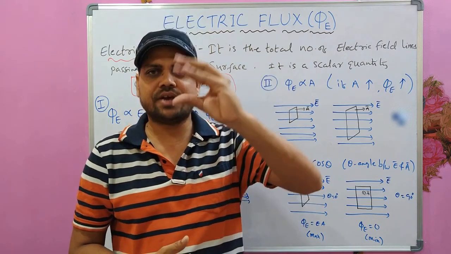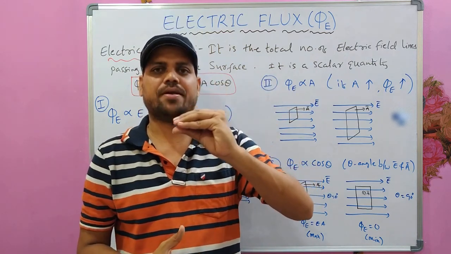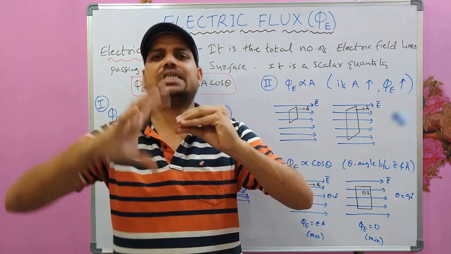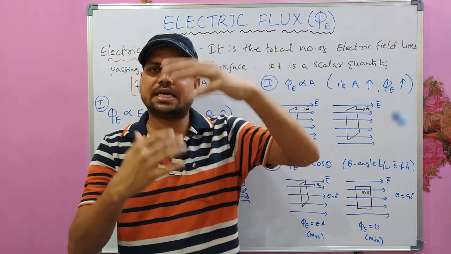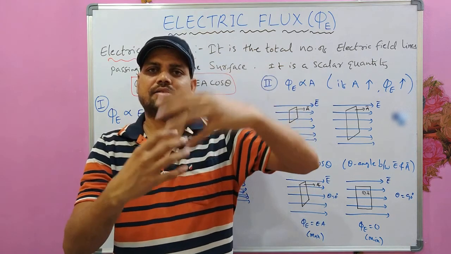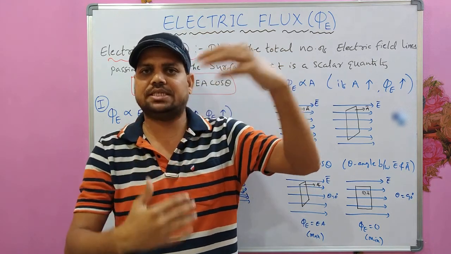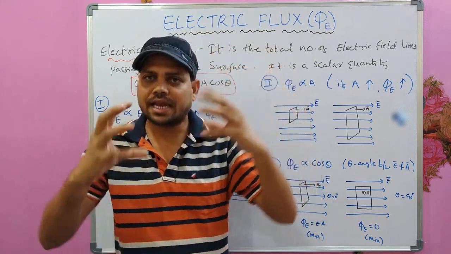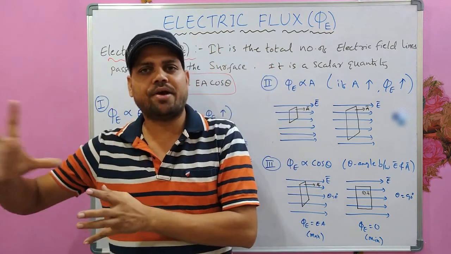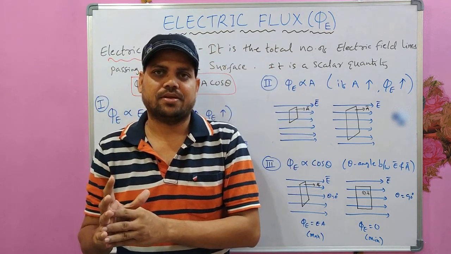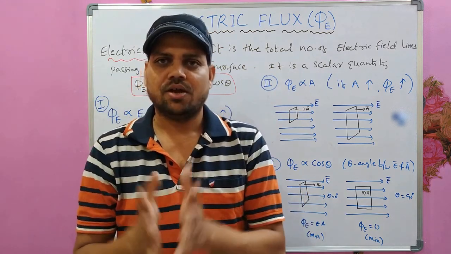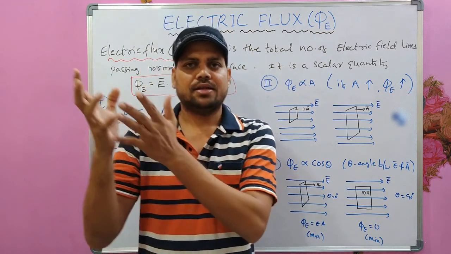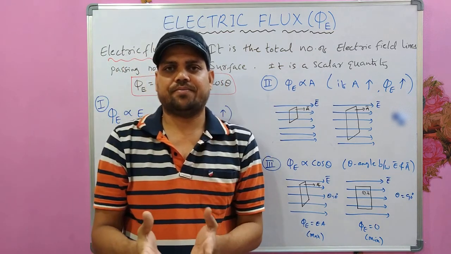If the density of electric field lines is more, then electric field strength is more. If electric field lines are separated by a very large distance, then electric field strength is weaker at that point.